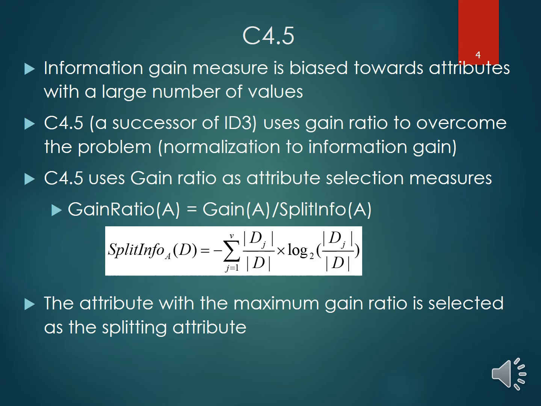It had three values: sunny, overcast, rain. All these were called the values and represented by v. Here, Dj is the number of tuples having the specified value for the attribute A, and mod D is the total number of tuples. The attribute with maximum gain ratio is selected as the splitting attribute. In ID3 we were using the one having the highest information gain, but here we select the attribute with maximum gain ratio.